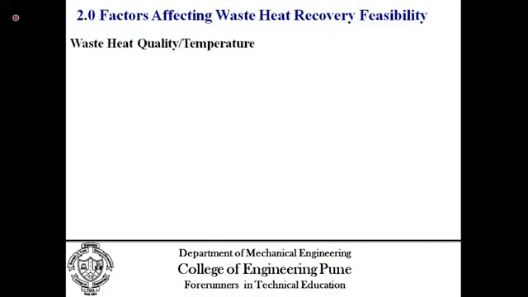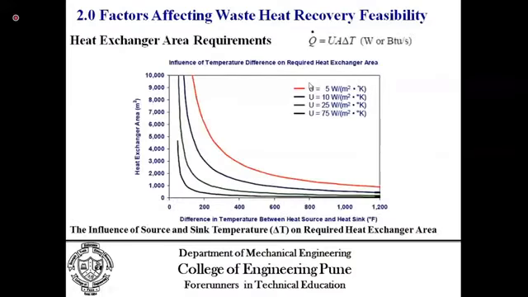Let us see this graph, this chart. On the x-axis, there is delta T. On the y-axis, it is heat exchanger area. And these are four processes having the overall heat transfer coefficient of 5, 10, 25, 75.